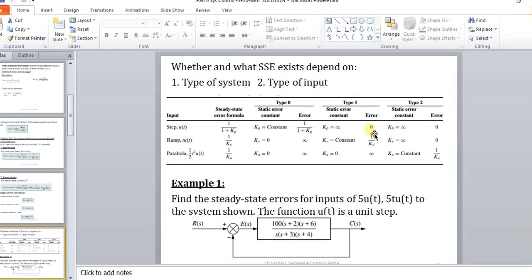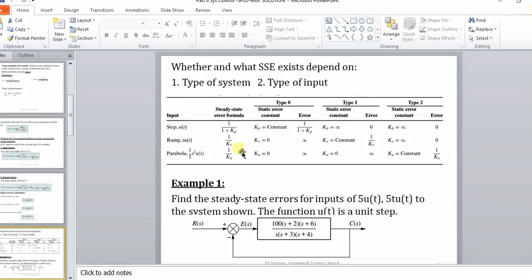Kp is infinite, so again as with type 1, type 2 will also give 0 error for step input. To put it in another way, the step input will give an error of this much if there is a type 0 system, an error of 0 if it is a type 1 system, an error of 0 again if it is a type 2 system. Then we take ramp input.